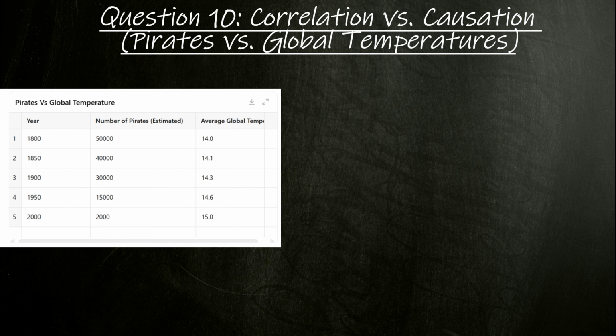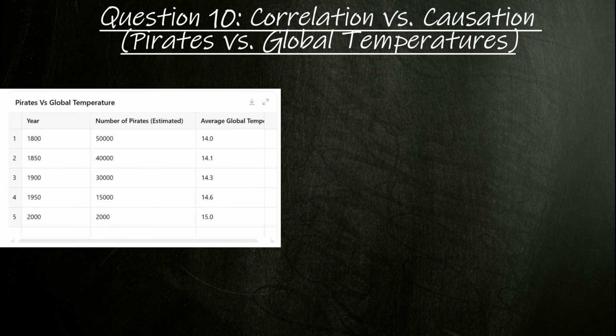Now, let's start with the first column, year. Since year is written at the top, everything listed underneath it represents different years. The table gives us data for 5 years: 1800, 1850, 1900, 1950, and 2000. These years are written in order from oldest to most recent, so we can see how things change over time.